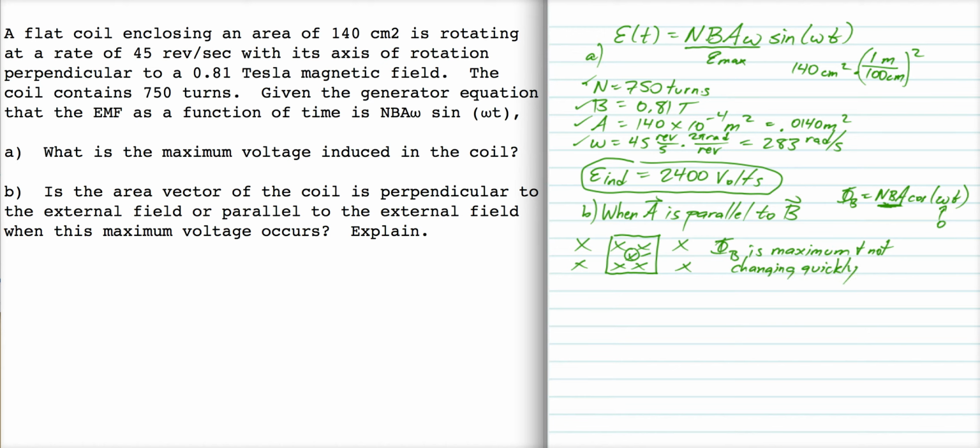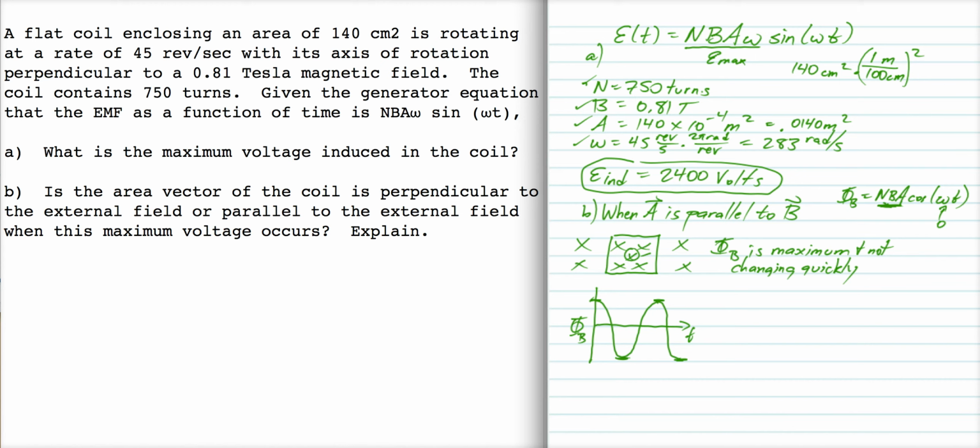Remember that if we draw a graph of phi versus time, it's a cosine term, right? So it goes like this. And so when phi b is maximized, here, here, here, and over here, at that time the slope, delta phi b over delta t, is equal to 0.